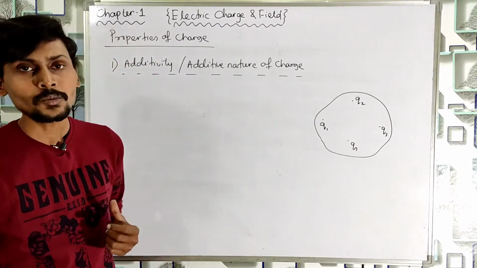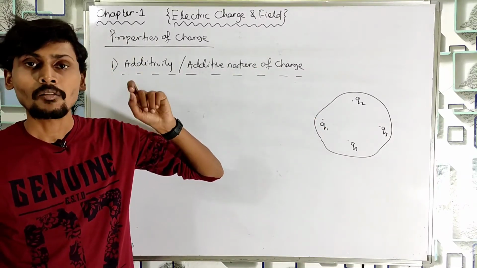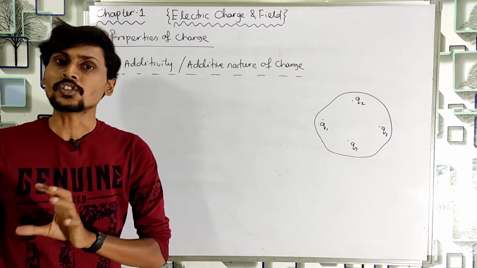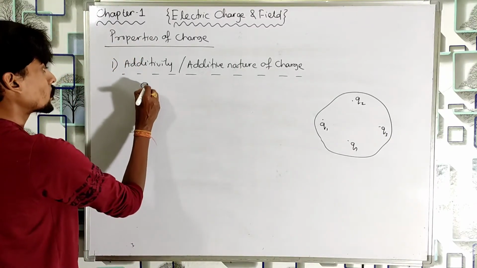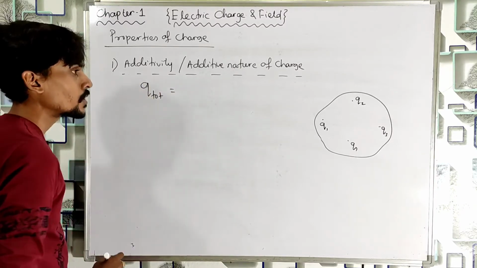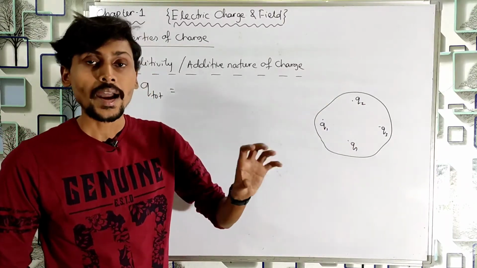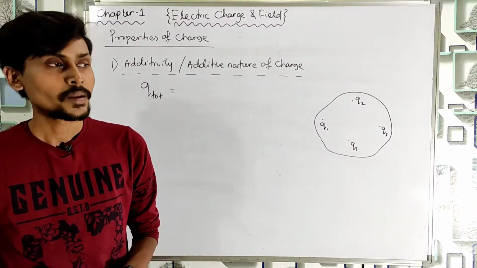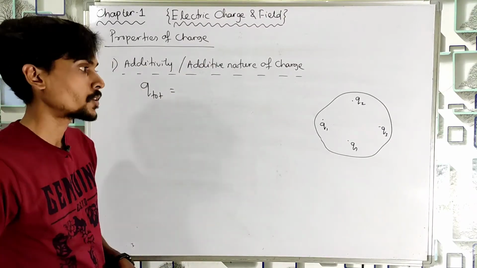Now if I ask you to find the total charge on the body, then the answer will be Q total, which is equal to the algebraic sum of all the charges present at different locations of the body. It means you have to add all the charges present on the body.